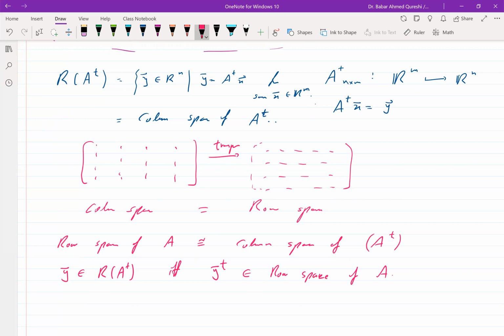Otherwise, they are the same. So this is the row space which we are familiar with.